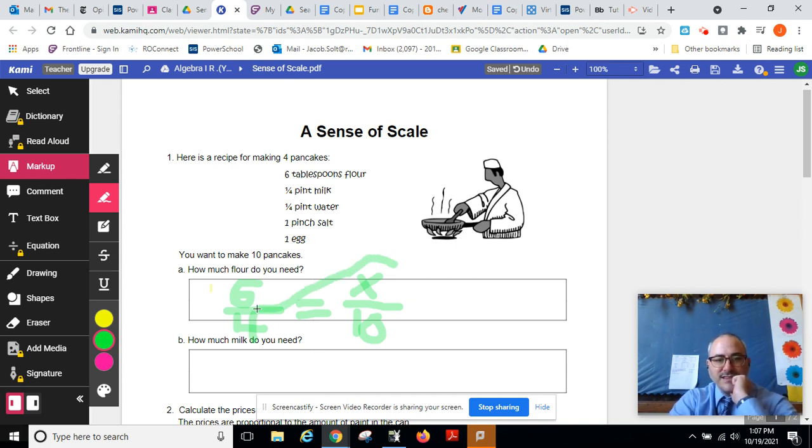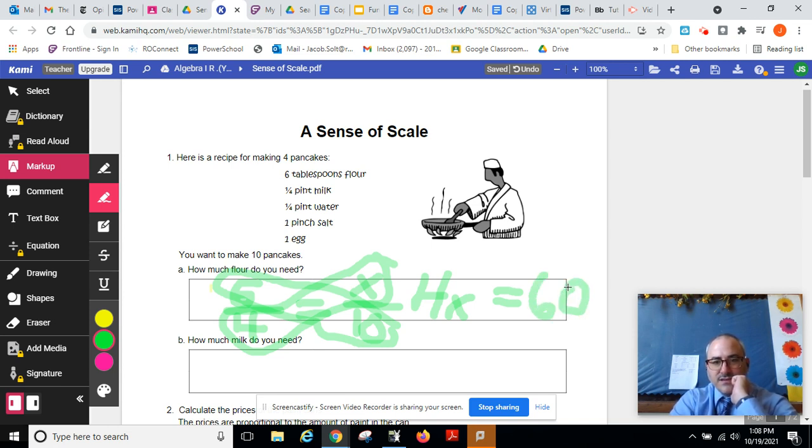Cross multiply means I take this times this and set it equal to this times this, right? So what I end up having is 4 times x. It's just going to be 4x. Can't do anything more with that right now. Equals 6 times 10. 6 times 10, that's 60.